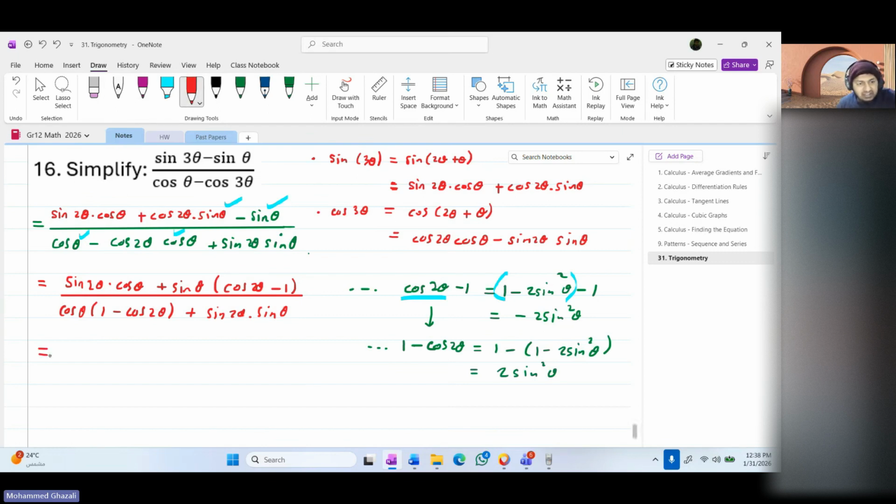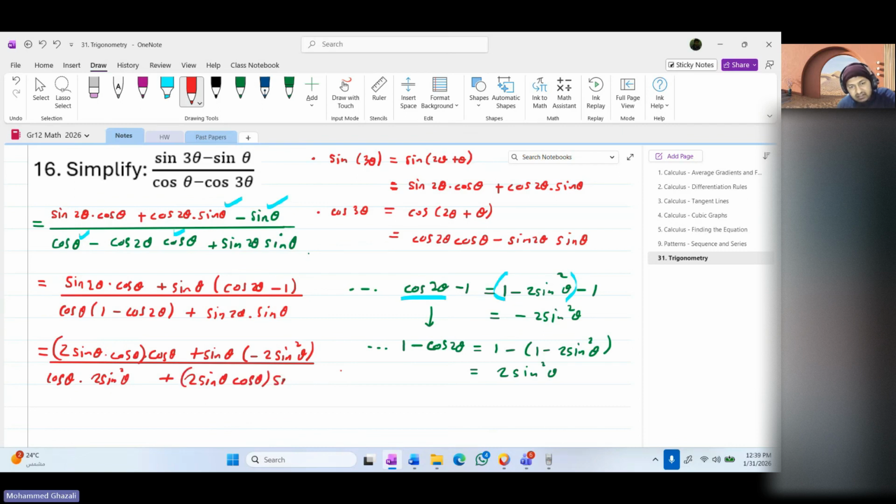Now, what is sine 2 theta? Sine 2 theta is 2 sine theta cos theta, times cos theta. So I've expanded the first part, plus sine theta times negative 2 sine squared theta, divided by cos theta times 2 sine squared theta, plus sine 2 theta, which is 2 sine theta cos theta, times sine theta.